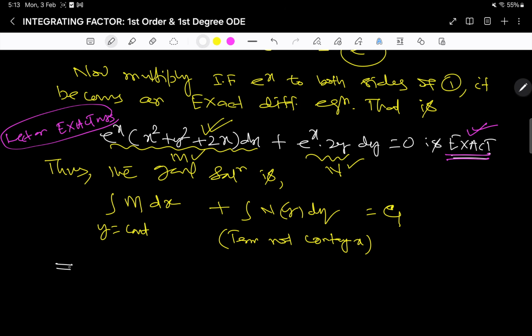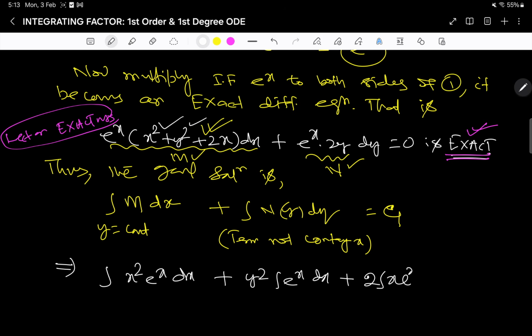This implies the integration of x square e to the power x dx plus y square e to the power x dx plus 2x e to the power x dx, plus, you see here there is no term free from x, so I write 0 dy. So this N term is 0, my constant c1.